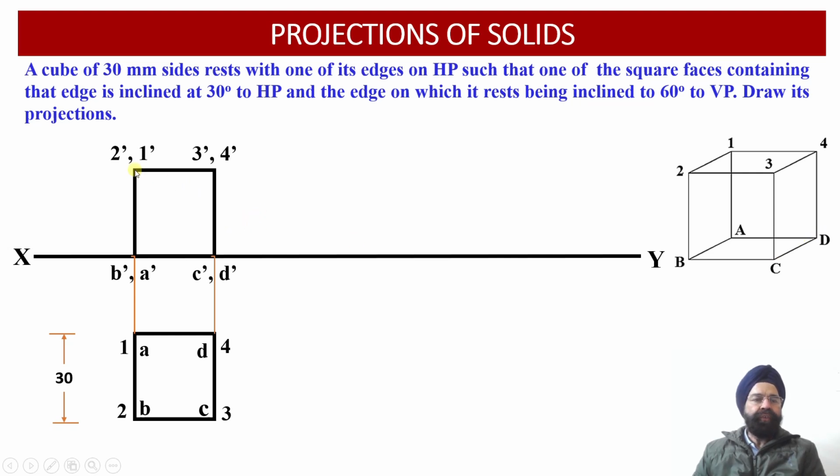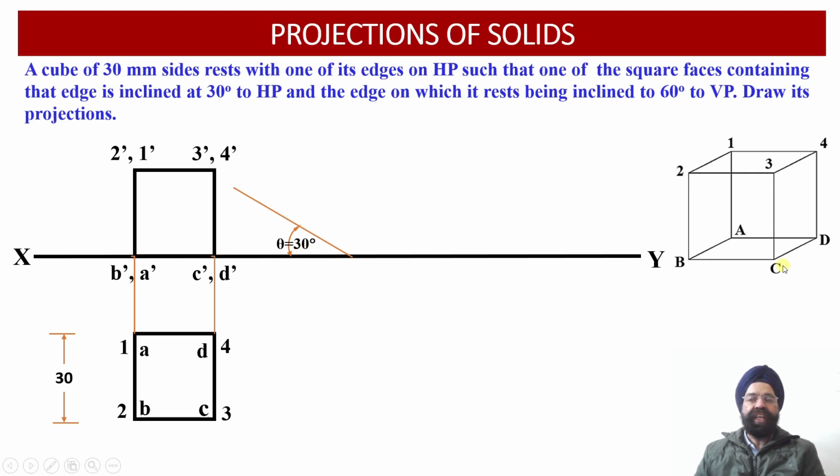So now we have to transform or rotate these front view projections in such a way that the base of this front view projection of this cube should be inclined at an angle of 30 degree with respect to the horizontal plane. So we have drawn a construction line over here which is inclined at an angle of theta equal to 30 degree.